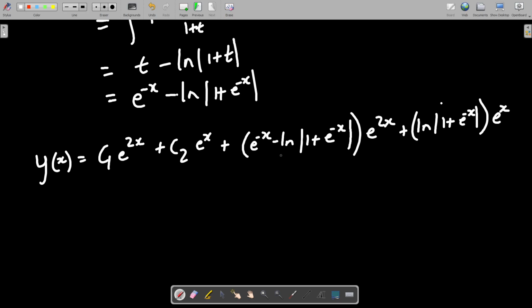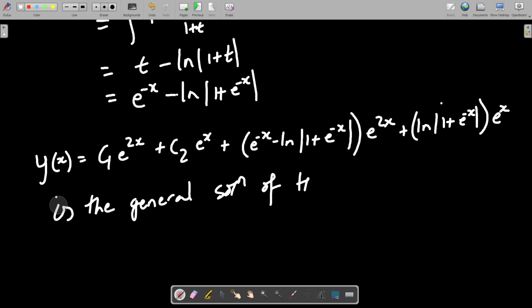Alright, you can multiply if you wish to, or you can just leave it like this. Okay, so this is the general solution, or you can say the required solution for this problem, the given ordinary differential equation.